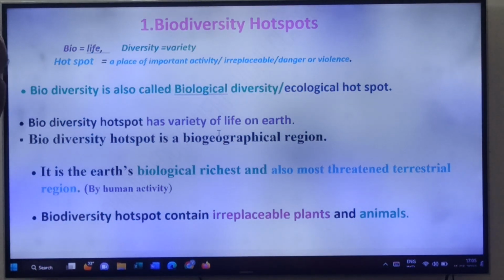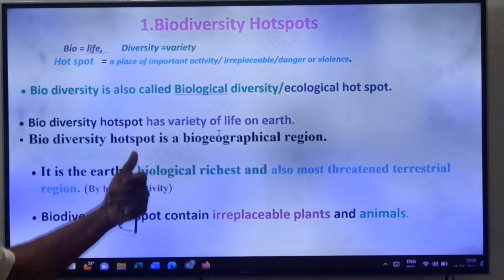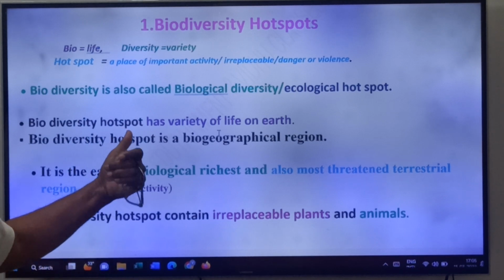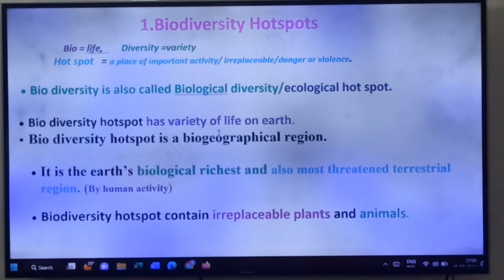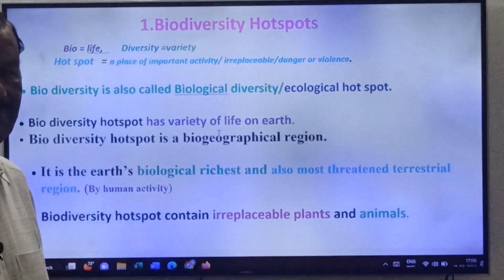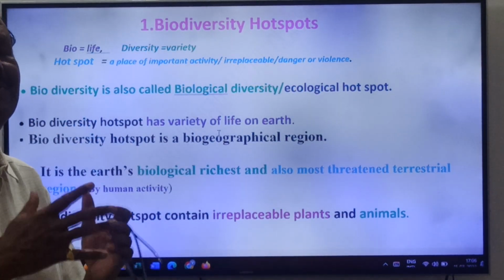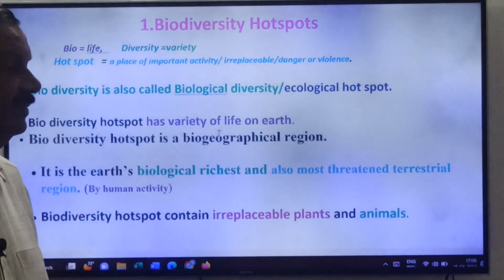Now to our definition. Biodiversity hotspots are also called biologically diverse hotspots or ecological hotspots. A biodiversity hotspot has a variety of life on earth. Diversity means variations, bio means life, so biodiversity hotspots have different life, various types of animals on the earth.